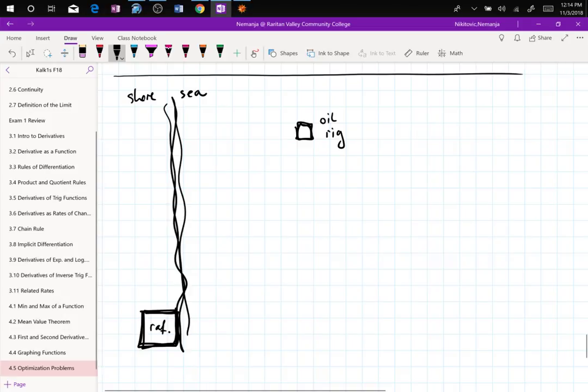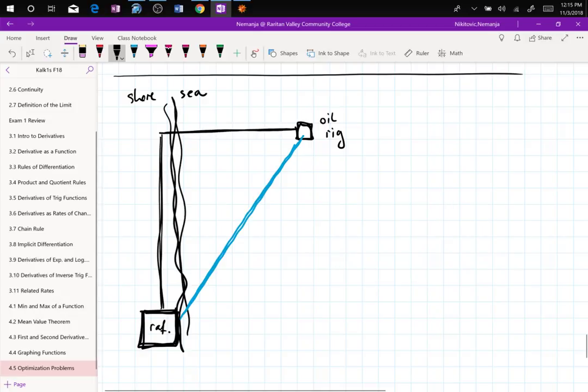You can run your pipe underwater, shortest distance straight from refinery to the rig. You can run your pipe on the coast and then the shortest distance through the water, because this oil rig is not that far away. Put it out, let's say 5 miles.